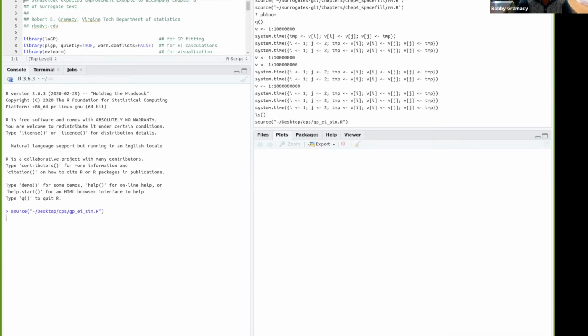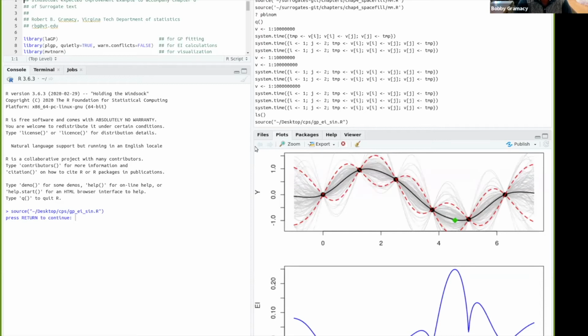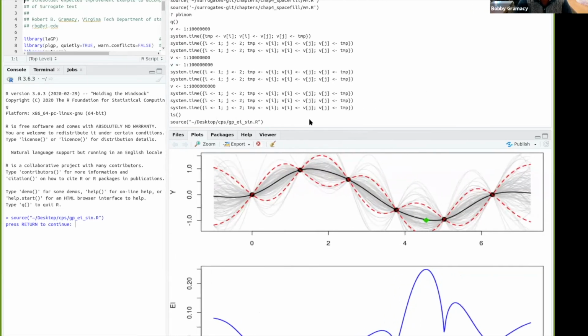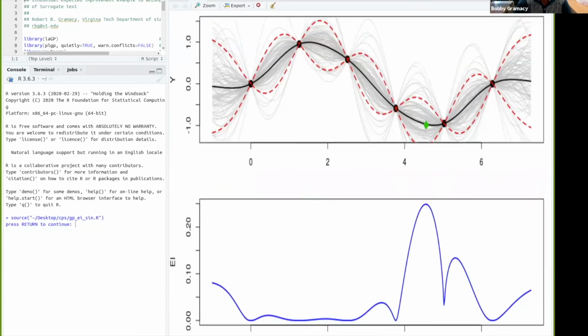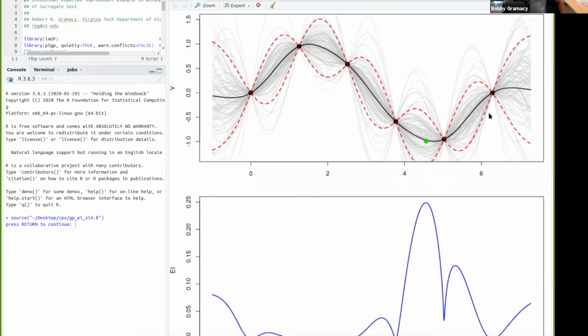Let's just do source. Okay, and then I'm going to make it so that more of the screen shows the picture. Okay, so this is our favorite sine example from the last segment. So I've evaluated the function at 1, 2, 3, 4, 5, 6 locations, and I've fit a Gaussian process to it, and I've shown you the mean surface in black and the error bars in red, and then each of the gray lines is a potential realization.